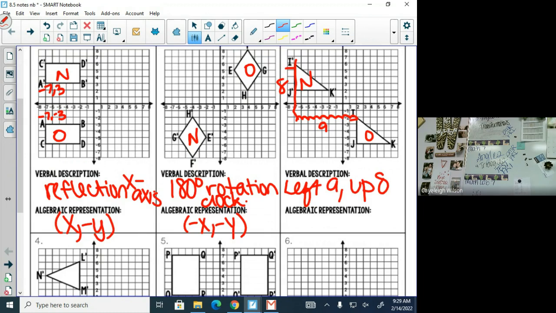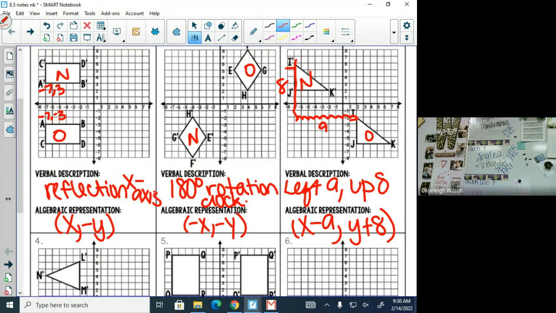So to write that algebraically, the X went left 9. How can you show an X how you went left 9, right? But like algebraically. X minus 9. And then to go up 8, Y plus 8.